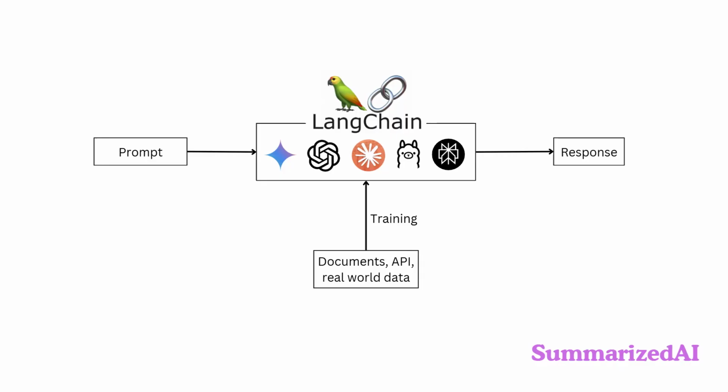Let's imagine a scenario. You have built an AI powered content summarize app using OpenAI's ChatGPT-4 through LangChain. It's working beautifully fine, but your app is growing fast and costs are becoming a concern.